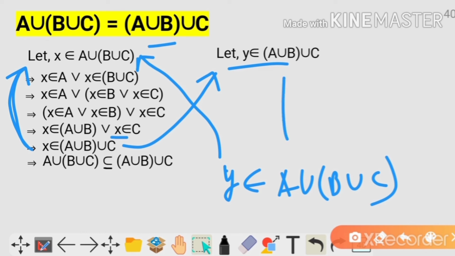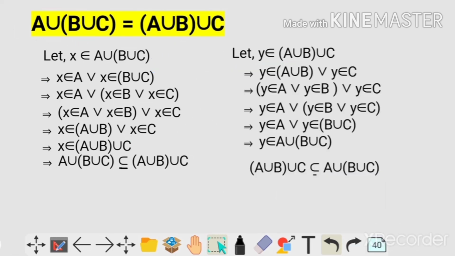Then we will get this proof, and the proof will be completed. So we have proved the left hand side as a subset of the right hand side and the right hand side as a subset of the left hand side. So we can say the associative law is proved here.